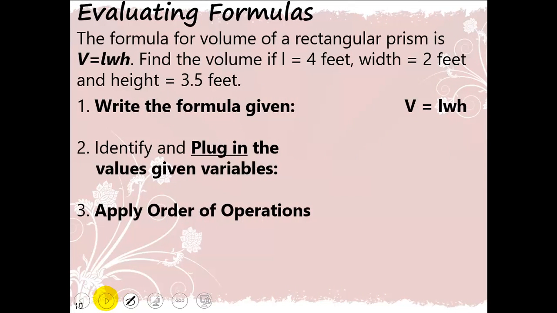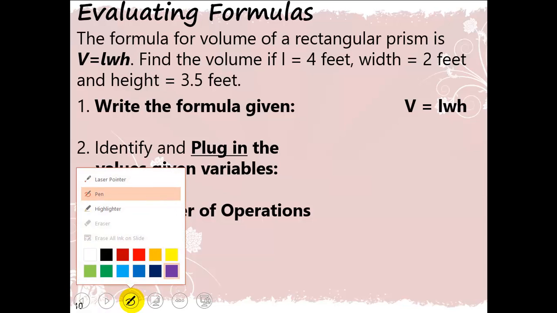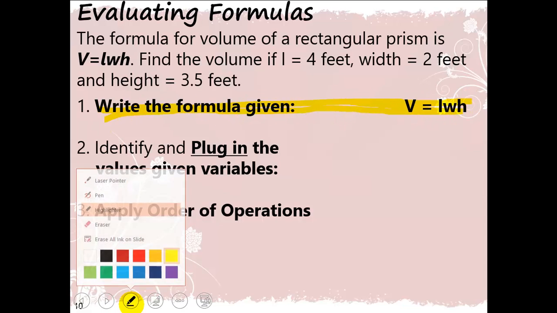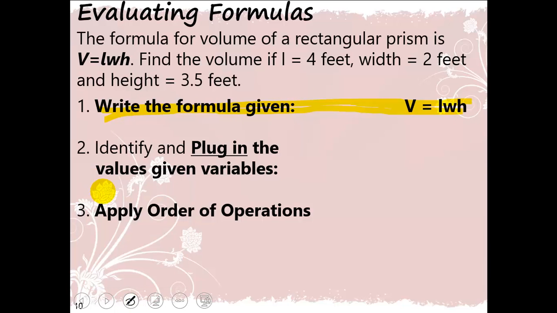The last thing that we're going to talk about are formulas. The formula for volume of a rectangular prism is V equals length times width times height. Whenever they give you a formula, what do you think you should do? You should write that formula down. Then you should make note and plug in what the values are that they give you.